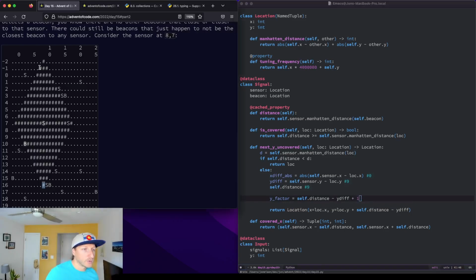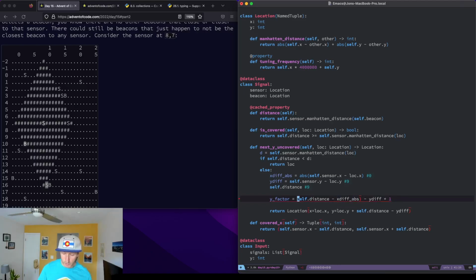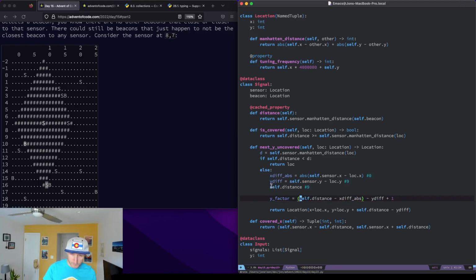But all right, if we're here, we need to go -1 to 16. And so we need to add 17. So we actually want the self.distance minus the x diff ABS. So that's the distance part of the y, like y target equals self.distance minus x diff ABS.